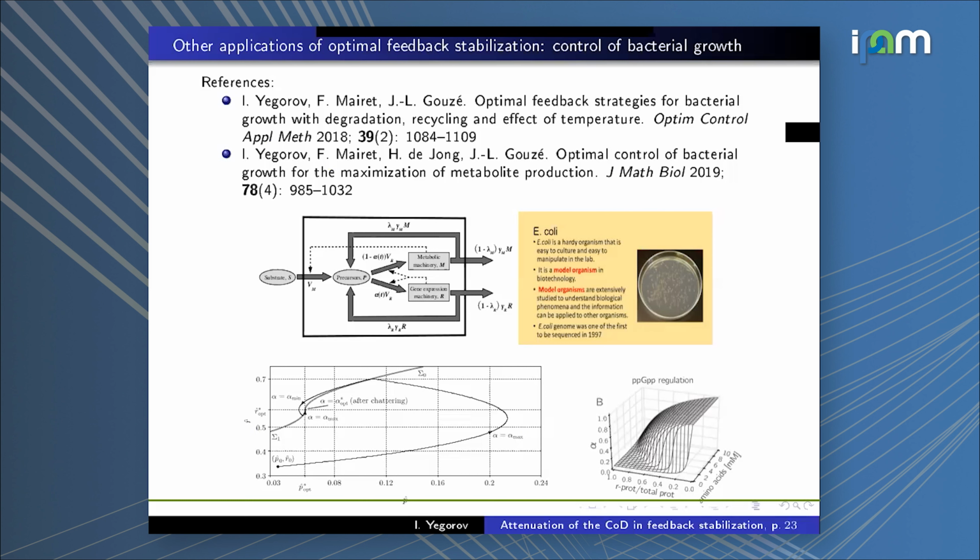It turns out that there are certain optimal steady states that correspond to singular regimes. And the bacteria try to reach this optimal steady state in some optimal way. So we can state the corresponding optimal control problems, and if we don't include any noise, if we suppose that the strategies our bacteria want to implement are implemented with no error, then it's quite interesting. We arrive at chattering regimes.